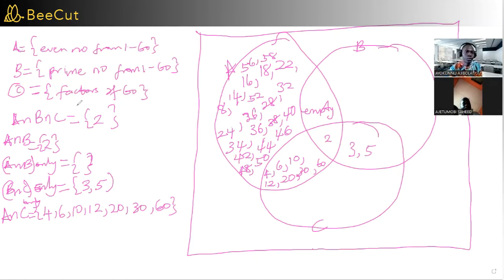Now, let's go to B. B are prime numbers from 1 to 60, and prime numbers start from 2. So we have 2, 3, 5, then the next should be 7, 8, 9, no, 11, 13, 17, 19, 23, 29, 31, 37, 42.